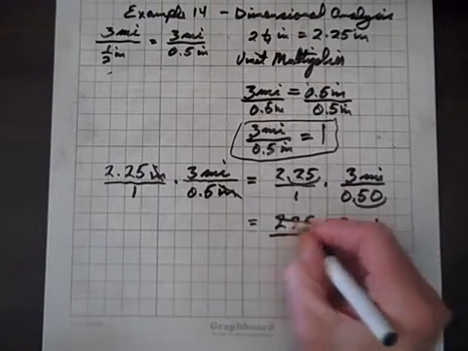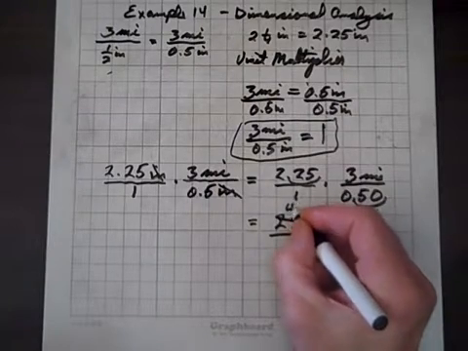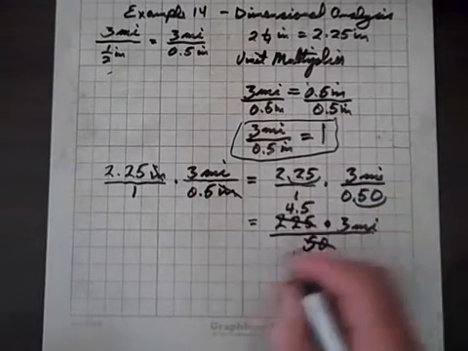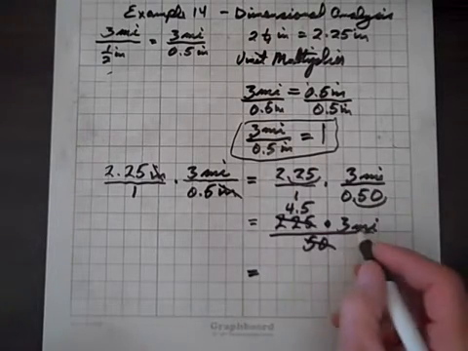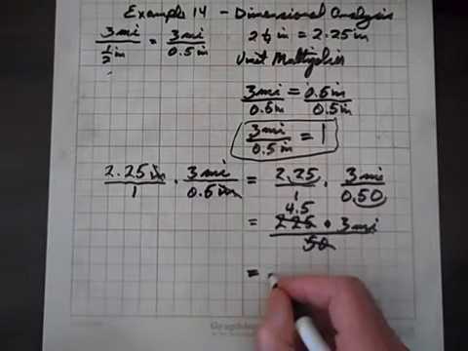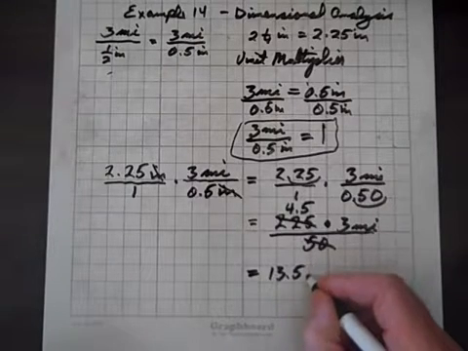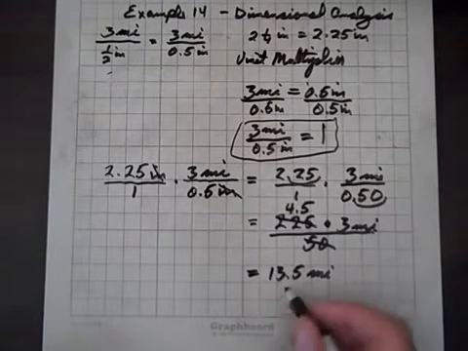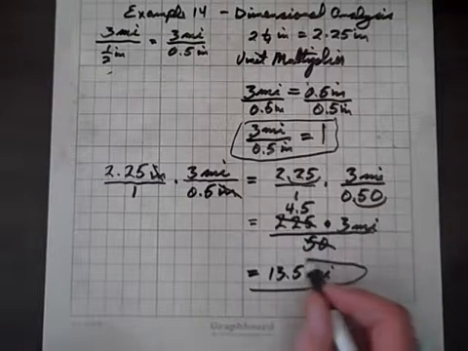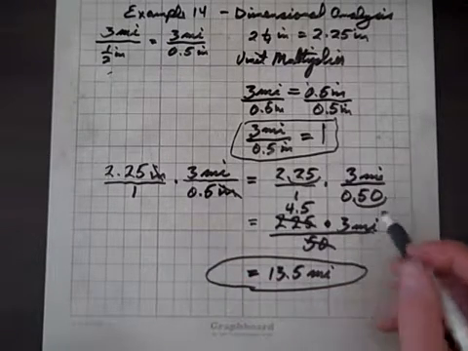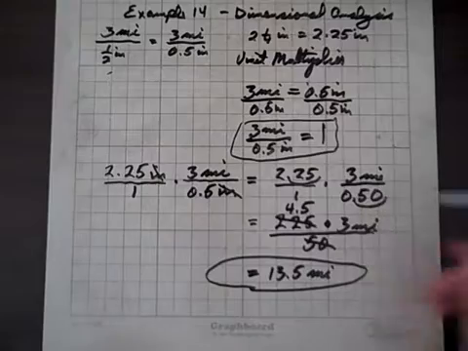And 50 goes into 225 4.5 times. And 4.5 times 3 miles is 13.5 miles. And that would be the distance on the ground traveled, corresponding to 2.25 inches on the map, and we're done.